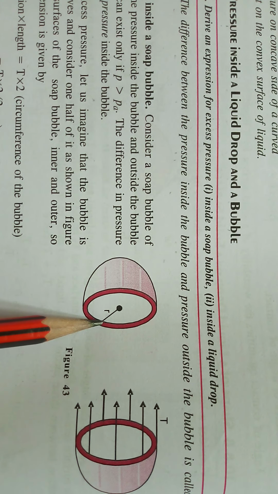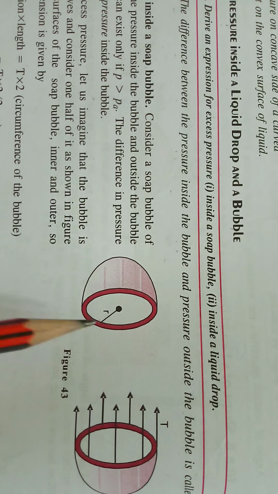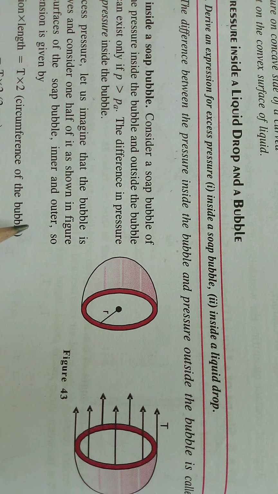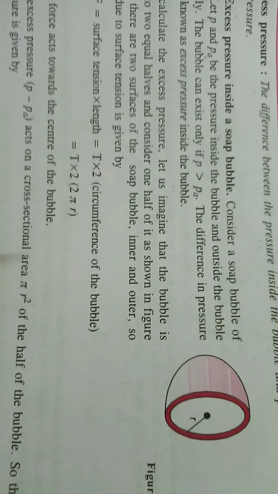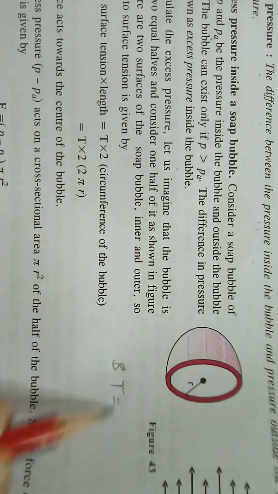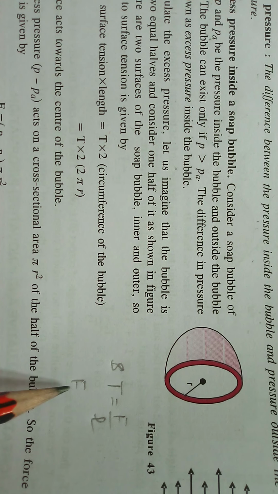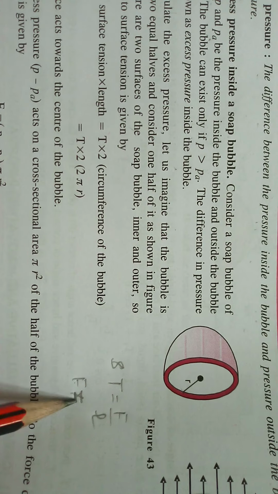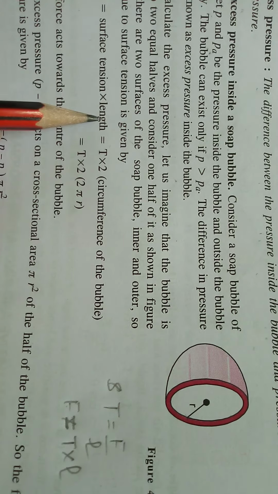Students, here the surface tension is also there. Clear? There are two surfaces of the soap bubble, the inner surface and the outer surface. So the force due to surface tension: you know that surface tension, represented by T, is equal to F upon L. Here we want to calculate the force, so force is equal to T into L, surface tension multiplied by length.